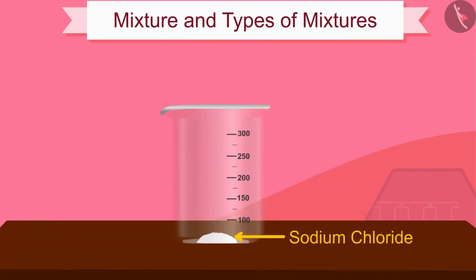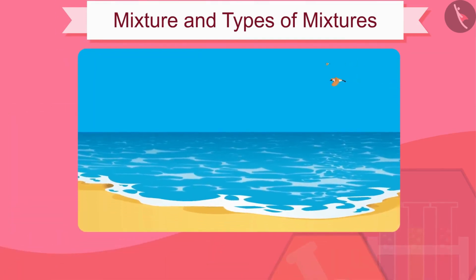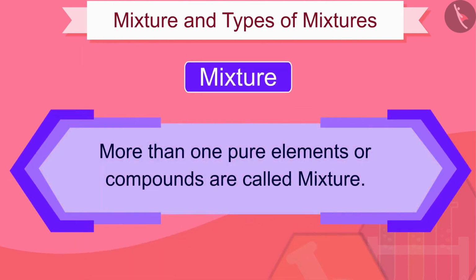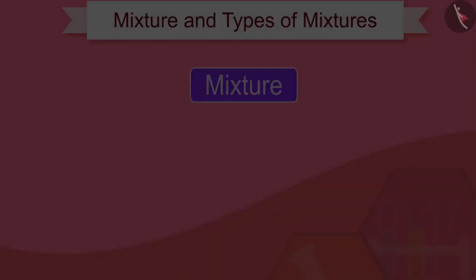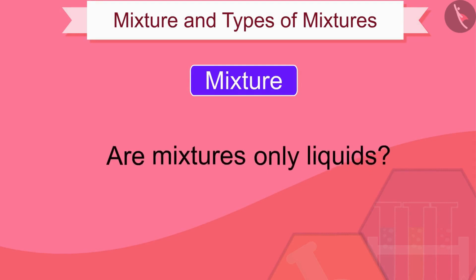However, sodium chloride is itself a pure substance and cannot be separated by a physical process into its chemical constituents. Substances like seawater, which consist of more than one pure element or compound, are called mixtures. Friends, are mixtures only liquids? Think.